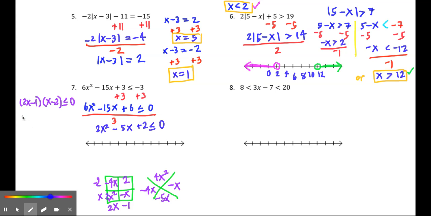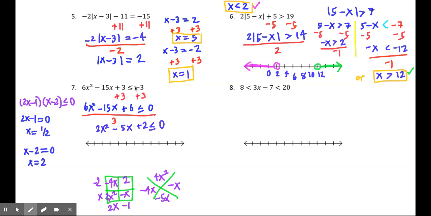So you want to set 2x minus 1 equal to 0 and x minus 2 equal to 0. And then you get x equals 2 here, and then you add 1, and then divide by 2, and you'll get x equals 1/2. Okay, so that's when your quadratic is equal to 0, right?